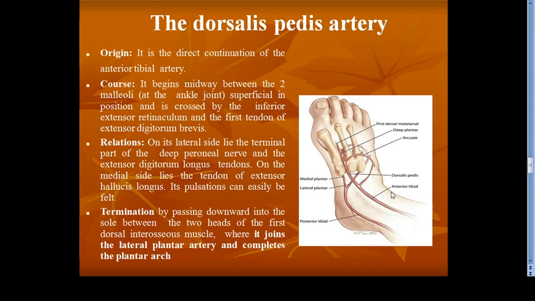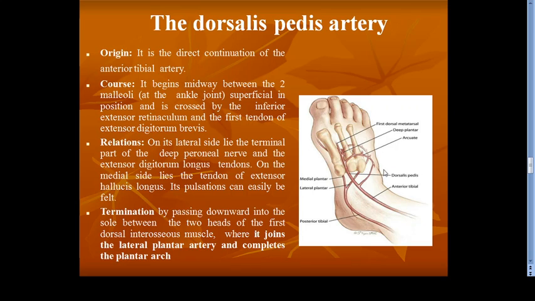If we talk of the relations, as we have talked about the structures underlying the retinaculum, towards the lateral side of this artery you can appreciate the deep peroneal nerve and extensor digitorum longus, whereas on the medial side you can appreciate the extensor hallucis longus tendon.